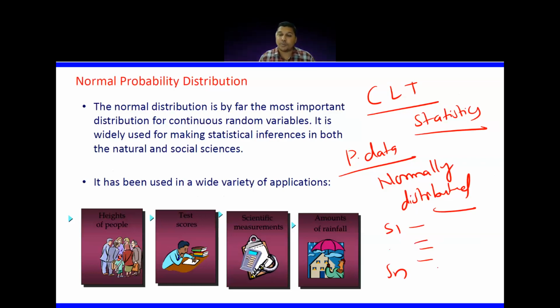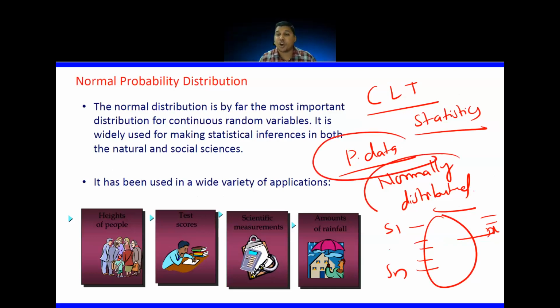For each, you find the mean of those samples. Those means form another sample. Then you find the mean of the sample means. So that's about the central limit theorem. But there we said that the population's data is normally distributed.